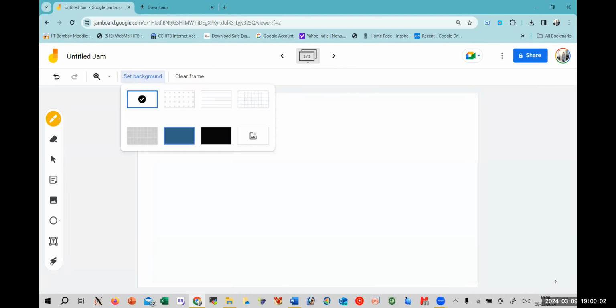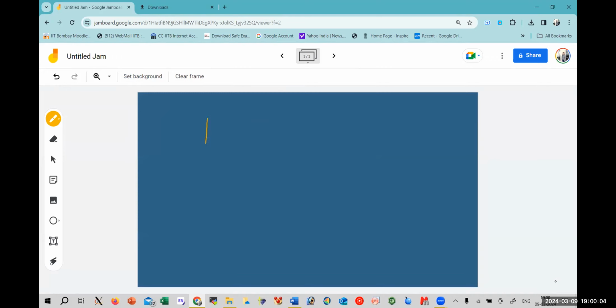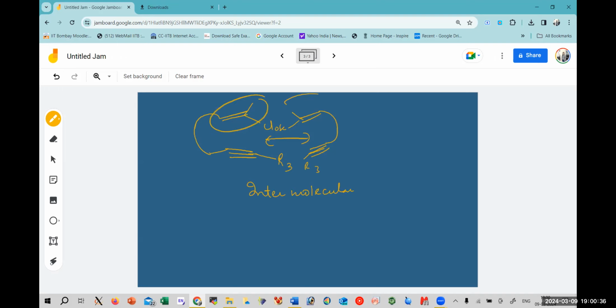Say, for example, if I am having this particular group, and the other molecule has the same moiety very close to each other, that is intermolecular, then there would be a possibility of cross metathesis of this with this one, where we will not be ending up having the same product.